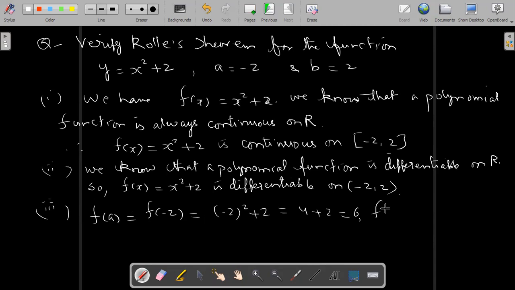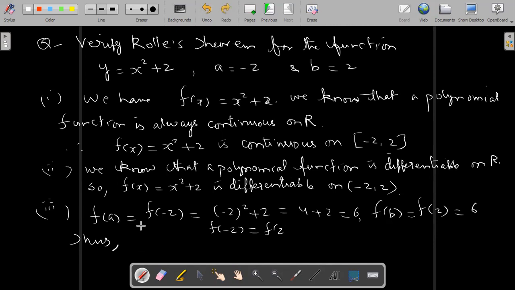Then find f of b, which means f of 2, that will also come 6. So f of minus 2 is equal to f of 2.